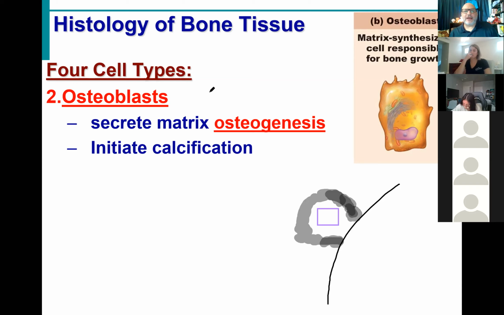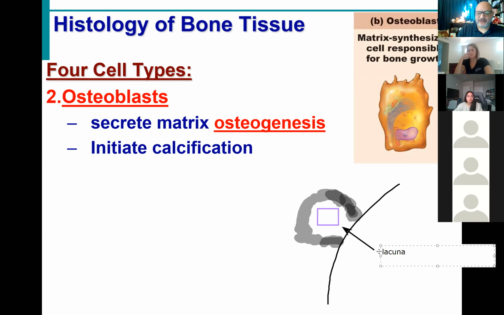Now that it has surrounded itself with matrix, it finds itself in a small hole, a small space in our bone matrix. And if only we had a name for a small space inside of our bone matrix where a cell could live. Lacuna? Lacuna, excellent. It is now in a lacuna. And if it's in a lacuna, it can't make any more matrix, but it can maintain the matrix that surrounds it.